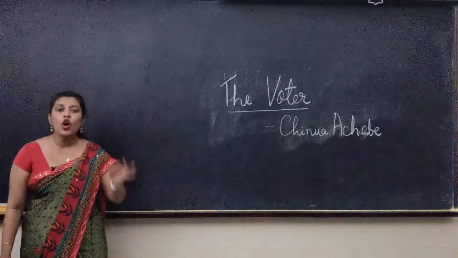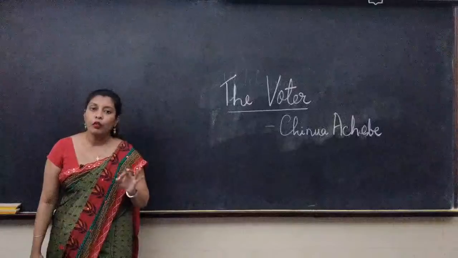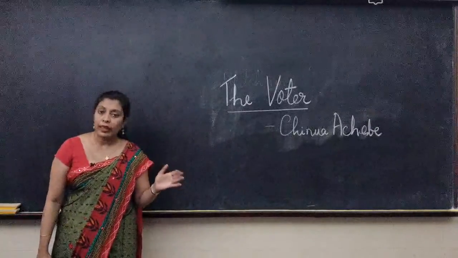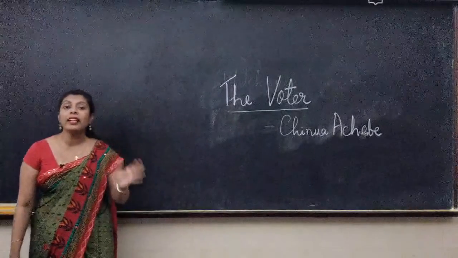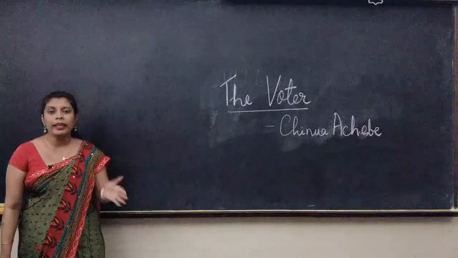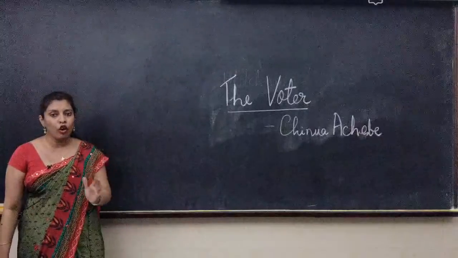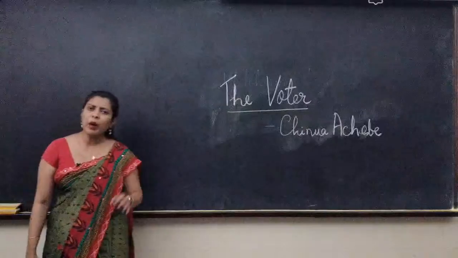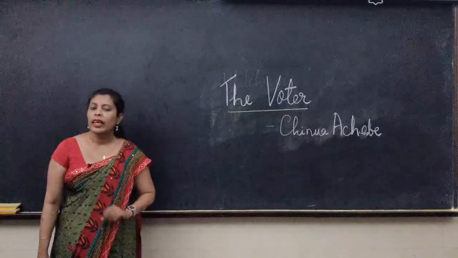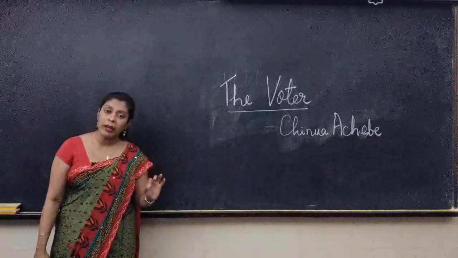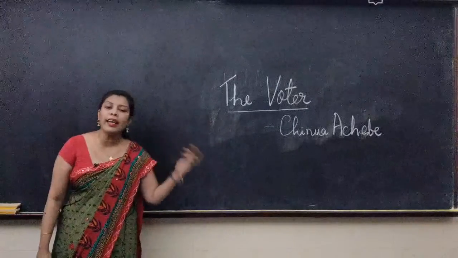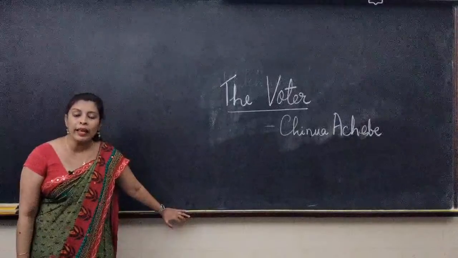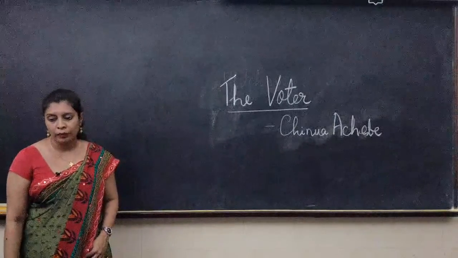His name is Rufus O'Cake, Roof for short, but he is fondly called Roof. He was a very popular man in his village. He was very famous, known by everyone in his village.